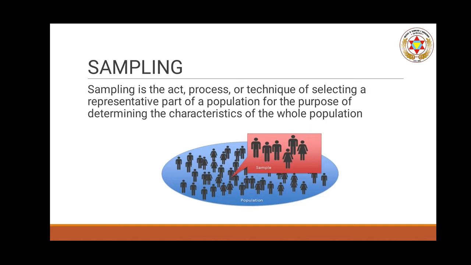So, sampling is the act or process or technique of selecting a representative part of a population for the purpose of determining the characteristics of the whole population.